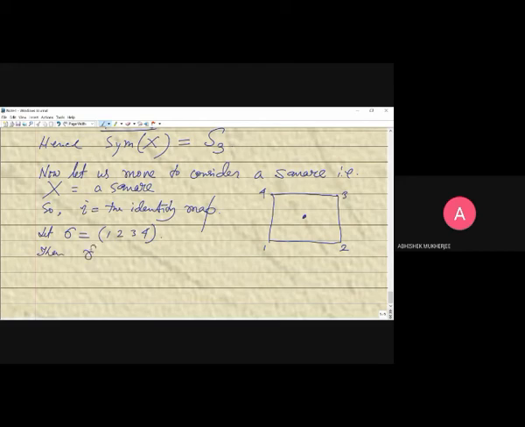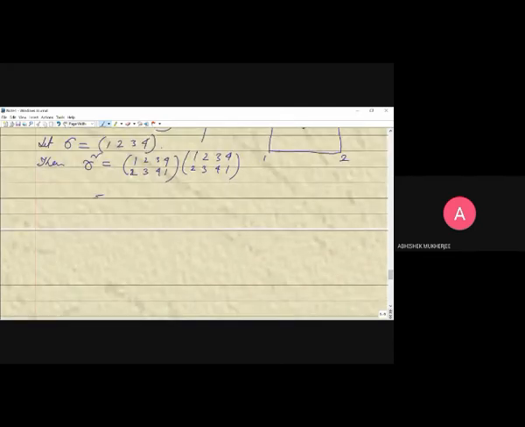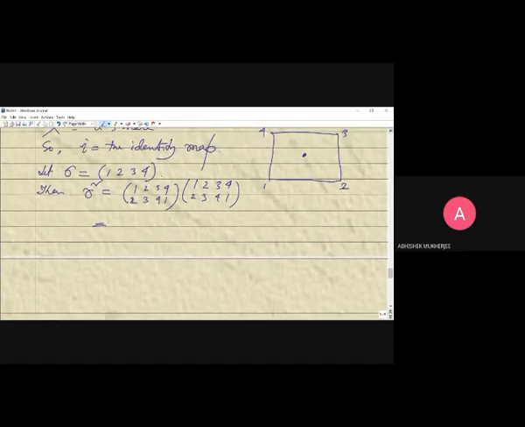Then what is sigma square? That is 1 2 3 4 followed by 1 2 3 4, that is 2 3 4 1. So here 1 goes to 2, 2 goes to 3, 3 goes to 4, 4 goes to 1, 1 goes to 2.